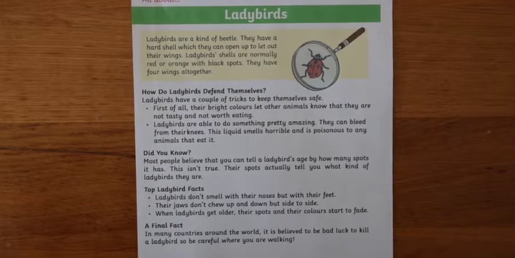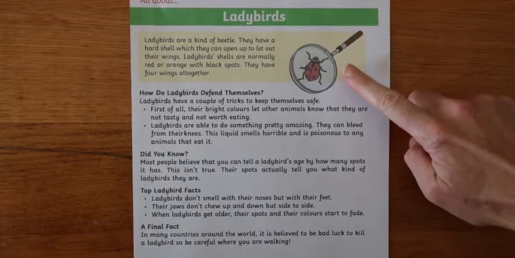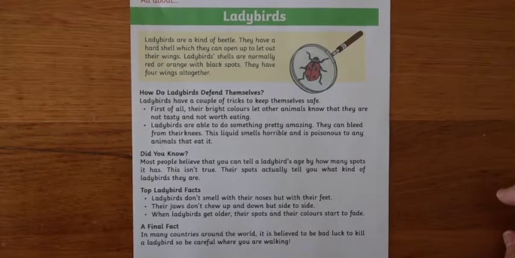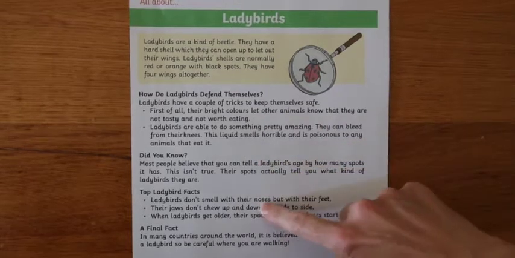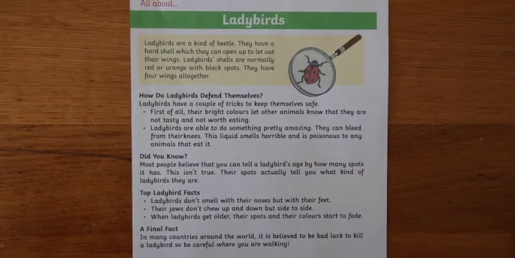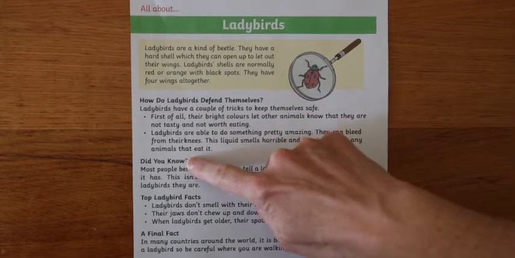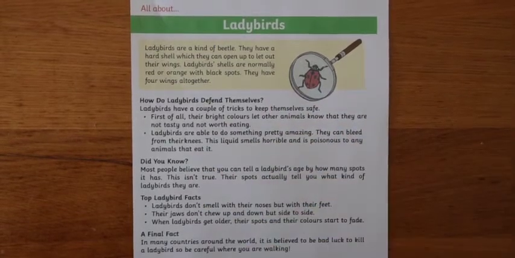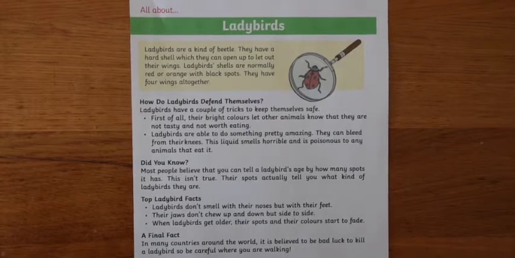So the first thing it's got is a title. It's also got a picture. The writing is set out in different sections for the different information, and each section has got its own heading, which is called a subheading. So we need to include these things in our own writing.